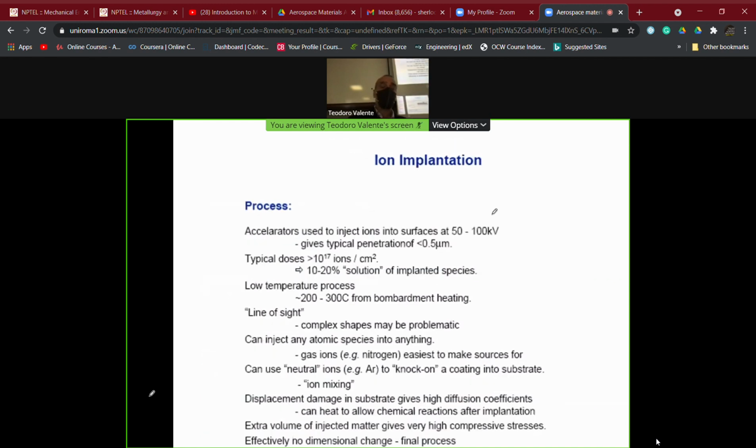We can have, for example, a surface that is very tough, in the sense that it is not so diffused. But it has been studied for many years, the so-called ion implantation techniques, in which we implant ions on the surface.